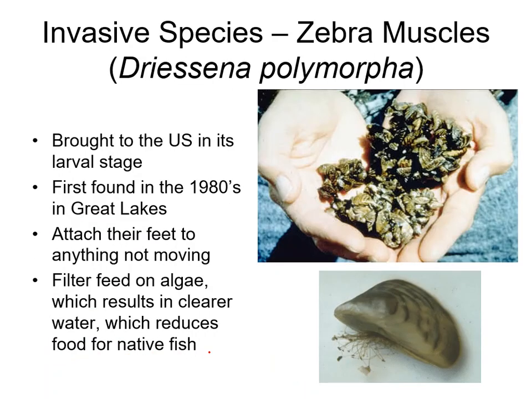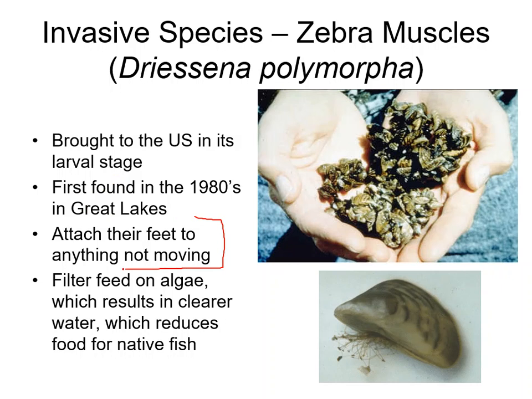Another example, and actually the one that I was referring to earlier, zebra mussels were brought to the U.S. in their larval stage because they can attach to boats, for instance, and deposited in local bodies of water. And that's what happened in the Great Lakes.